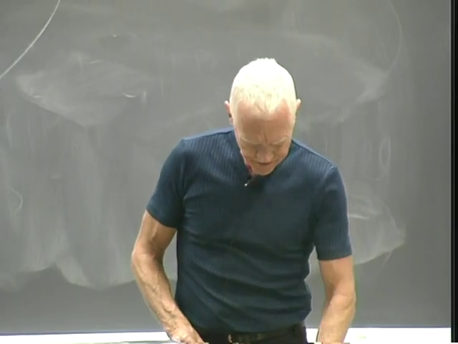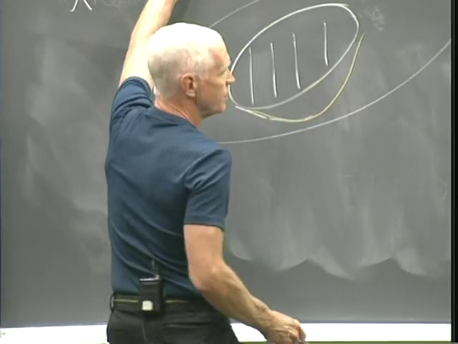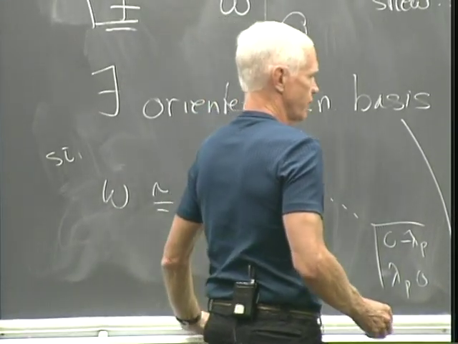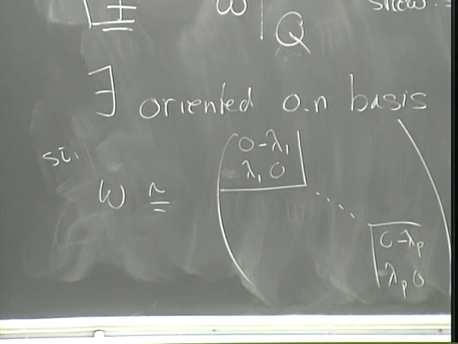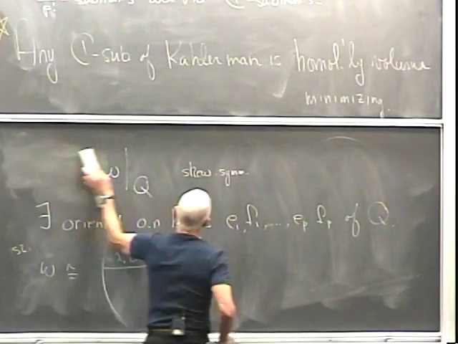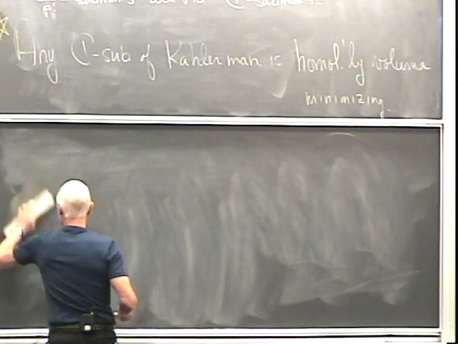So now, let me give you one other interesting case of calibrations, which looks very, very different. So I want to look at foliations. Suppose I have a Riemannian manifold, and on that manifold I have a foliation of codimension 1.